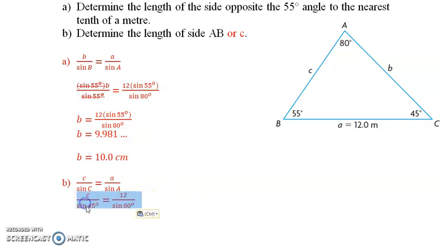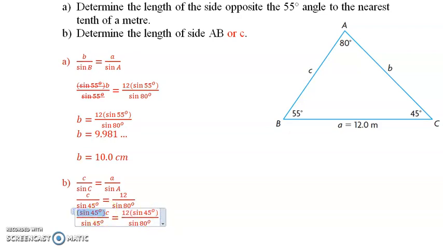So we're going to multiply both sides by the sine of 45 degrees. We do it to one side, do it to the other.